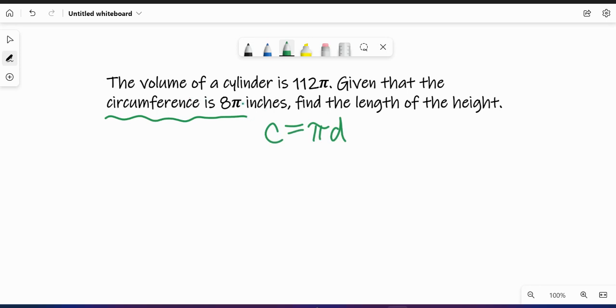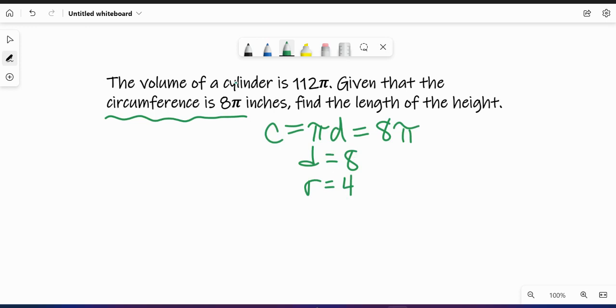So if the circumference is 8 pi, that means the diameter is 8. That means the radius has to be half of the diameter, which is 4. Circumference measures around the outside; it's the perimeter of a circle. So the diameter is 8 and the radius is half of that, which is 4.